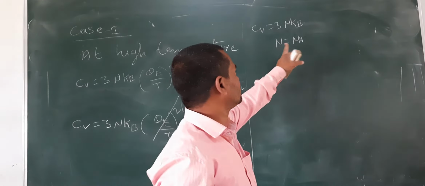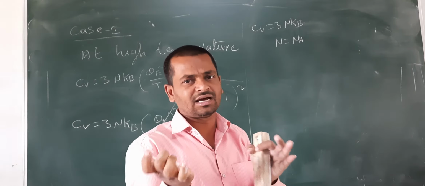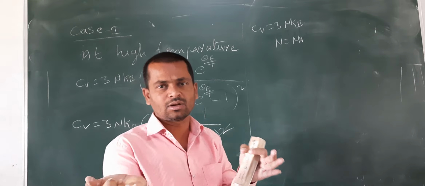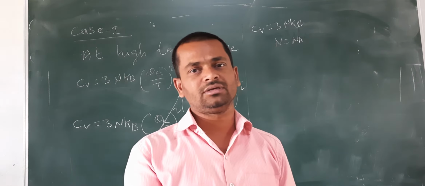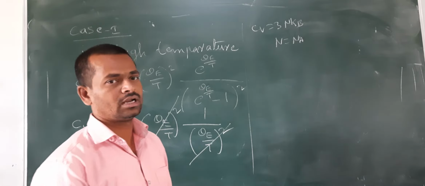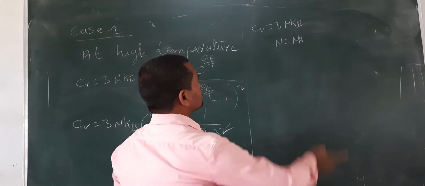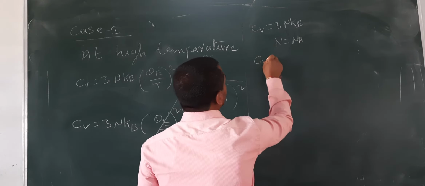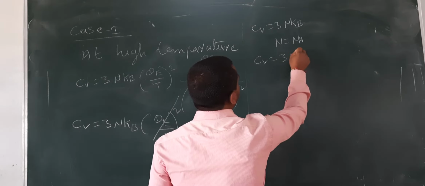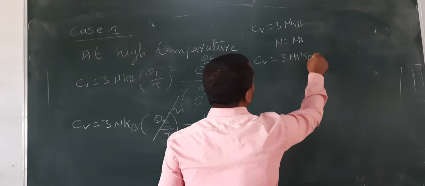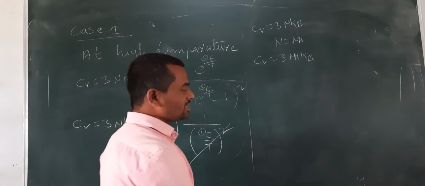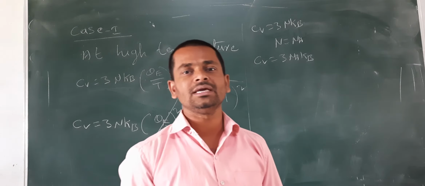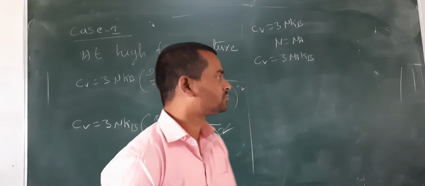We already know the Avogadro number is around 6.023 into 10 power 23 oscillators. That is what we call a mole also. Substitute here: Cv is equal to 3 N_A k_B, and this N_A k_B is simply R.